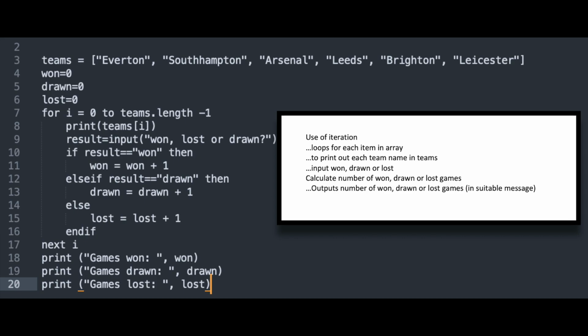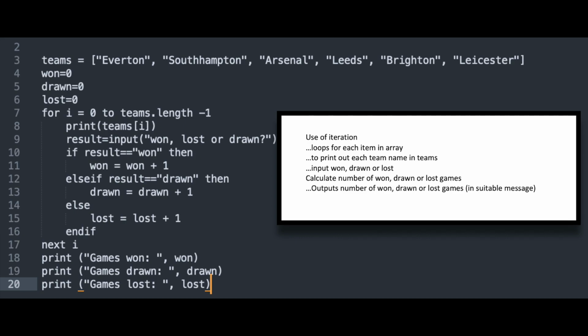Inputting whether we've won, drawn or lost, another mark. Performing the calculation based on won, drawn or lost, adding 1 to each of the variables, another mark. Finally, we will get a mark for outputting the correct total of wins, draws and losses for each of the games in the array.